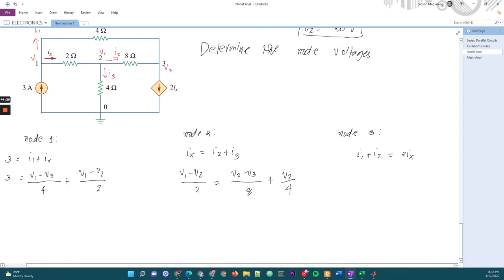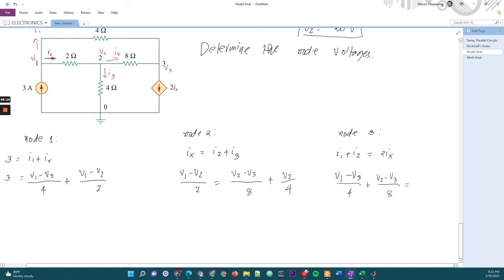Again, sa node 3 na ta, I1 would be V1 minus V3 over 4 plus ang I2 na nato is V2 minus V3 over 8 is equal to I3.